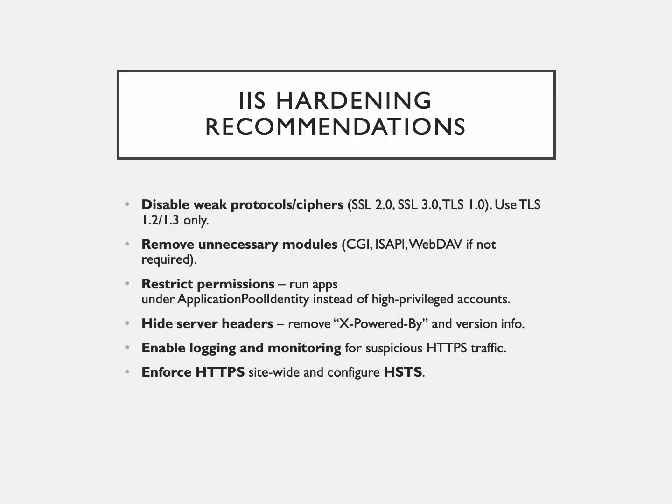For example, running applications under the application pool identity instead of privileged accounts. Fourth would be to hide server headers by removing the X-Powered-By version info to reduce any exposure. The fifth would be to enable logging and monitoring suspicious HTTPS traffic. And lastly, to enforce HTTPS site-wide and configure HSTS to prevent protocol downgrades.